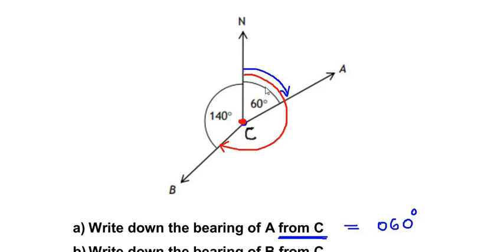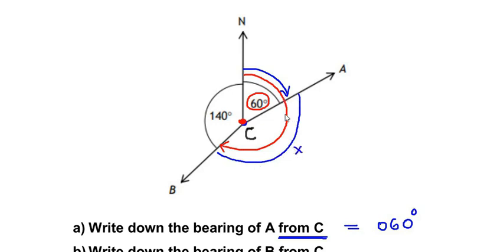Now this angle is already known, that is 60 degrees. This side angle is given as 140 degrees.